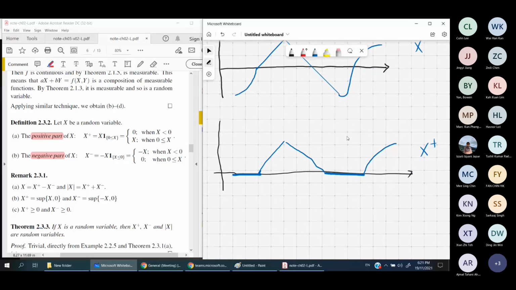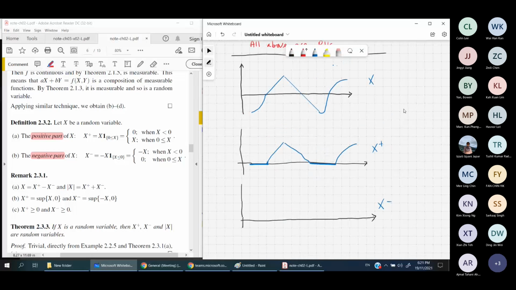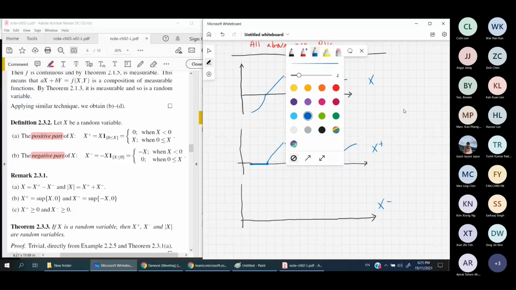Now, if we look at it, we can get the negative part. That will be like this. The negative part will be the other way around. For those on top, above the x-axis, we put it here, level to the x-axis.